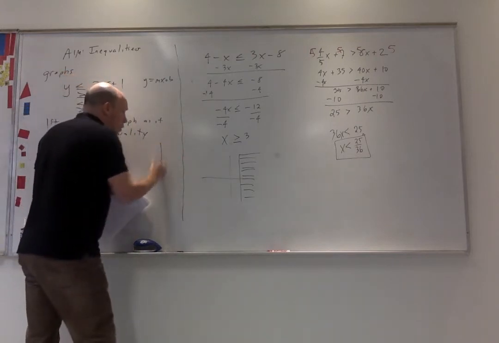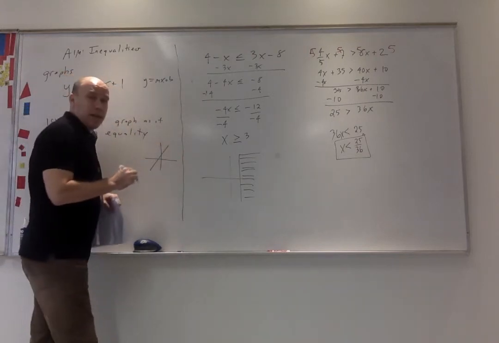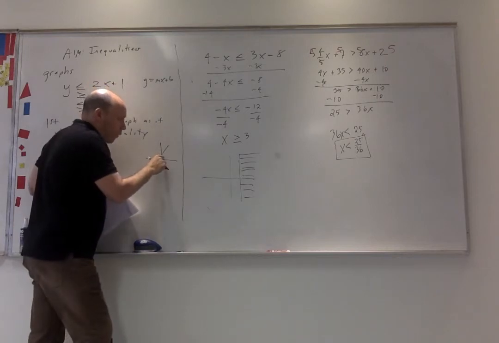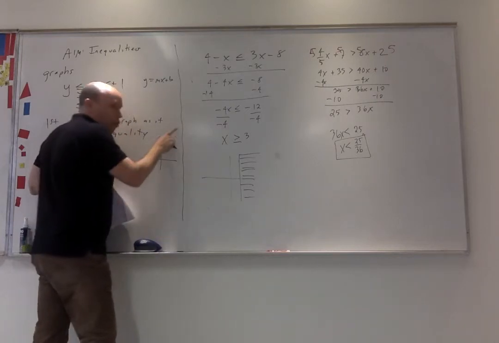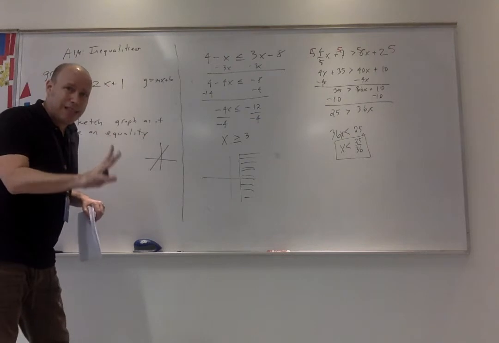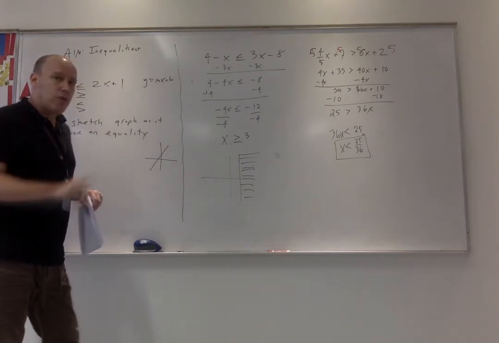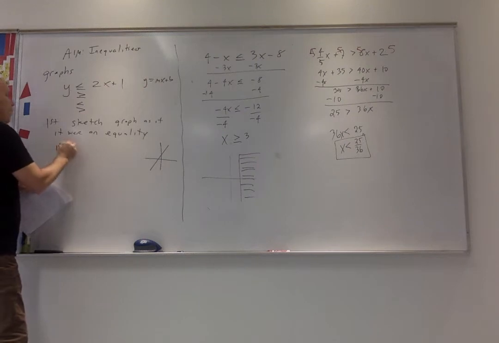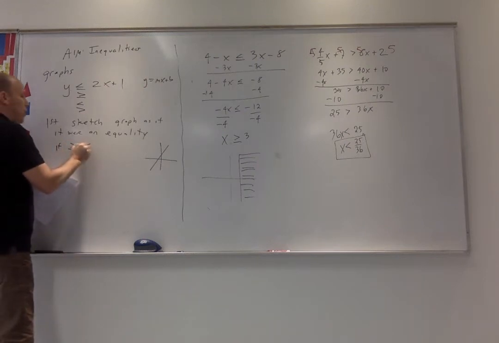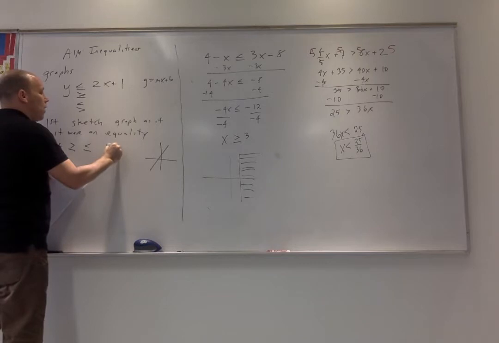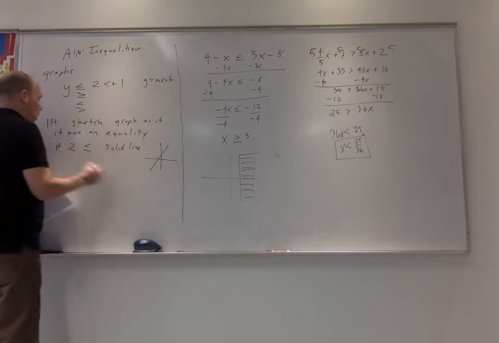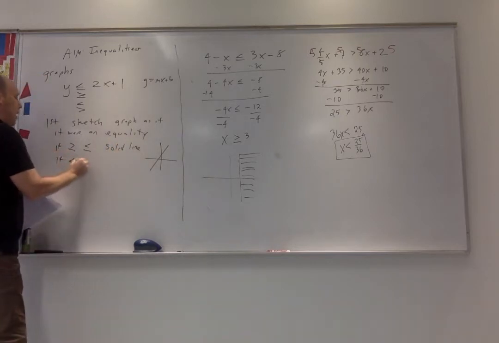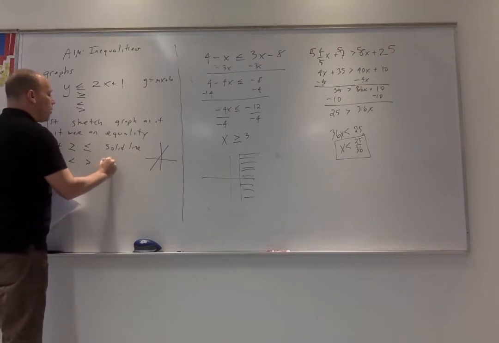It looks like this. I know the 1 is the y-intercept, and I know the graph is increasing. We're not doing graphs, we're doing sketches. Now the only difference is, if you have greater than or equal to or less than or equal to, use a solid line. If you have less than or greater than, use a dotted line.